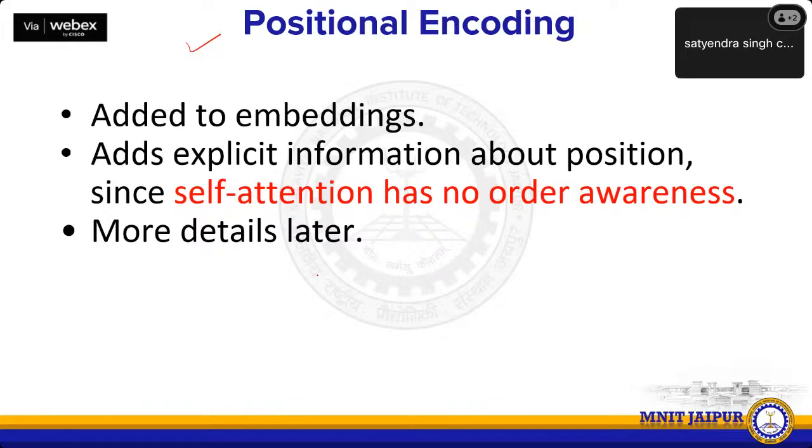For example, let's say the model should be able to differentiate between "the cat is on the mat" and "the mat is on the cat." Those two sentences contain the same words but have different meanings. So to ensure that the model understands this sequence order, we add the positional encoding.